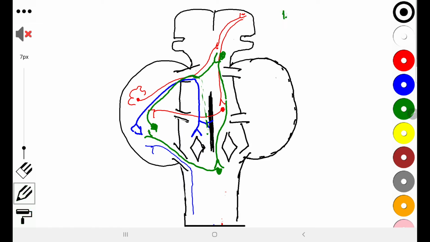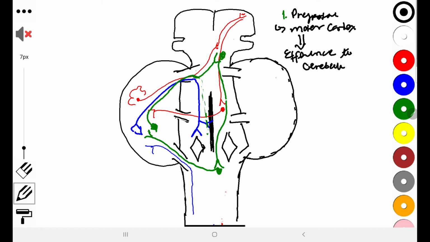The first thing that will happen is the prefrontal cortex is going to send impulses, and these impulses are going to go to the motor cortex. From the motor cortex, an efferent copy will be sent to the cerebellum.